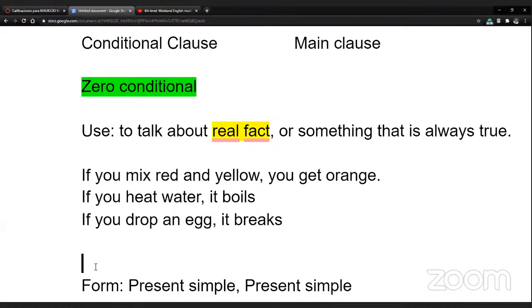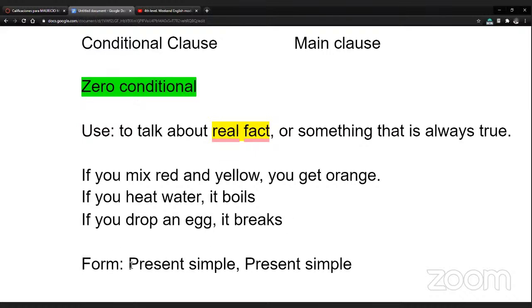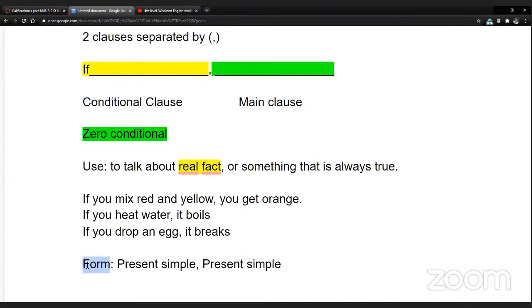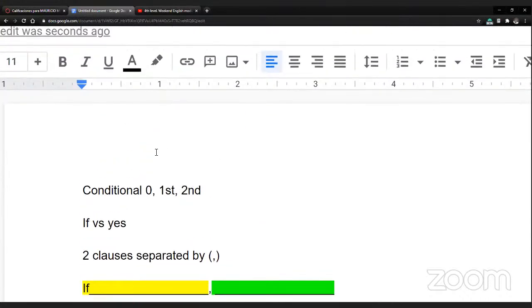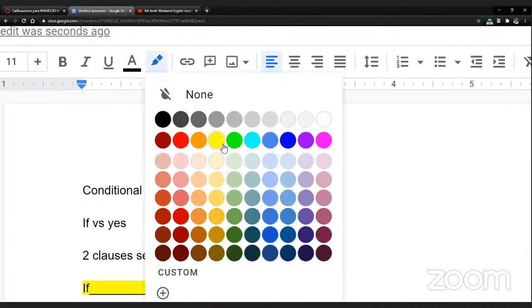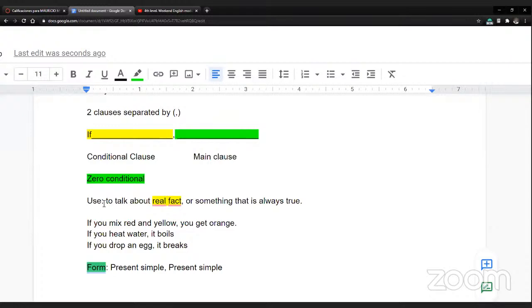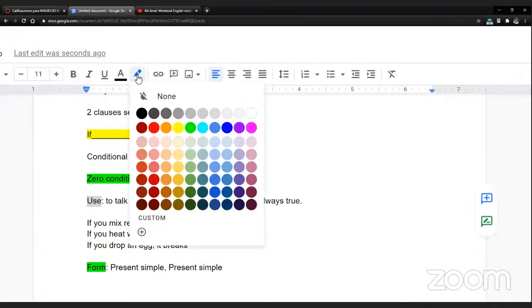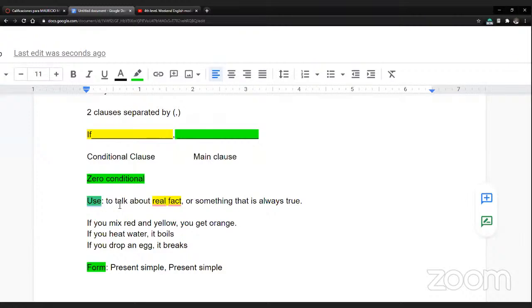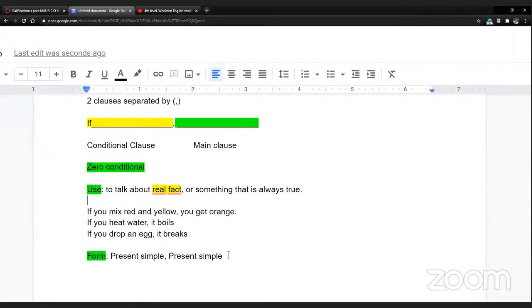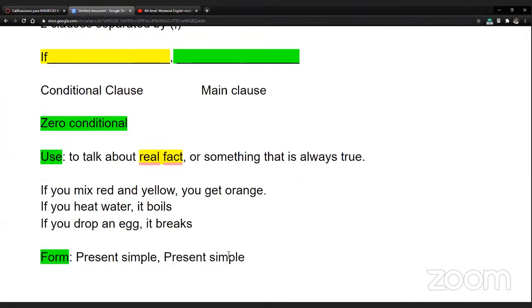As you said, the form is present simple and present simple. That's correct. No doubt about that. Okay, used to talk about real facts or something that is always true.